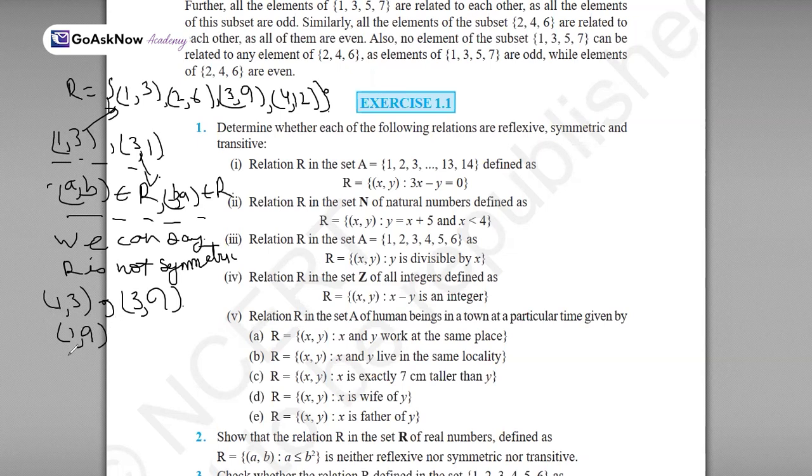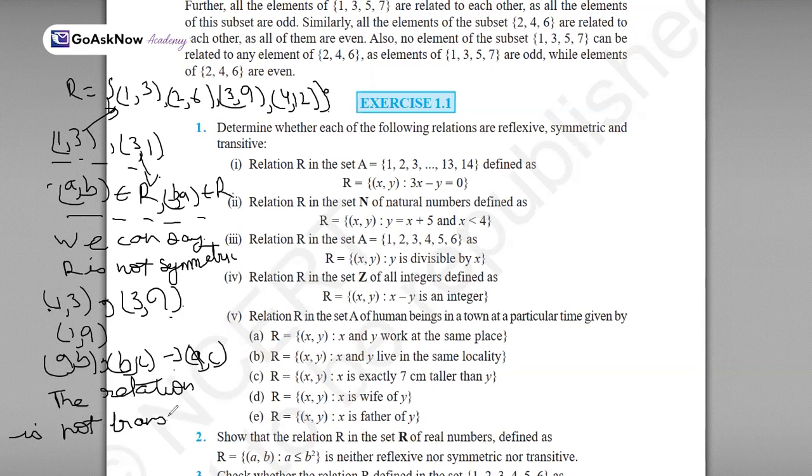For transitivity, you know that if a comma b is there and b comma c is there, then you must have a comma c also in the relation. But it is not there because 1 comma 9 is not present. So the relation is not transitive also.